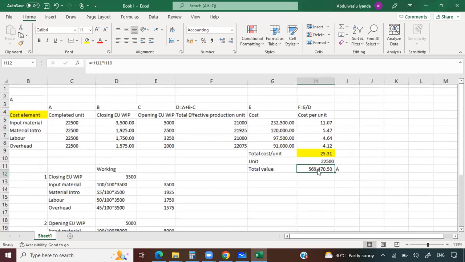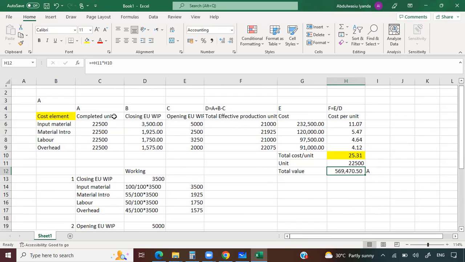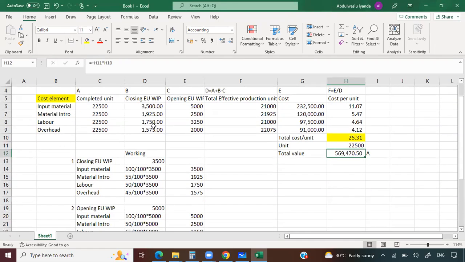Before we determine that, we need to say this is what you completed. What did you close with? For material, they say input material is 100%. So 100 divided by 100 multiplied by 35 will also give you 35, the closing work in progress.